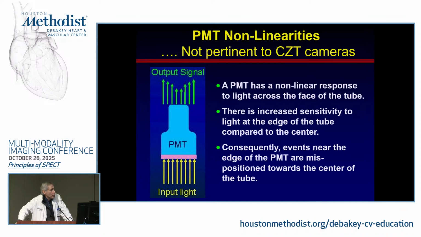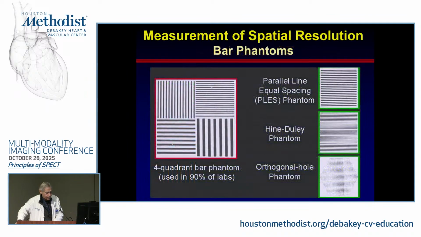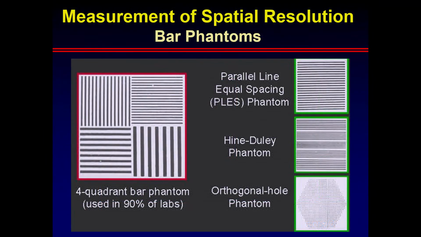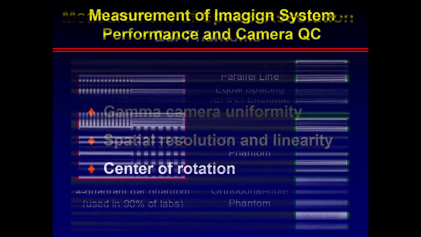And that can cause a problem with spatial recognition of an object. To look at that, we do these things called bar phantoms, which are basically just parallel lines at different widths to be able to see whether we have adequate spatial resolution on our systems.